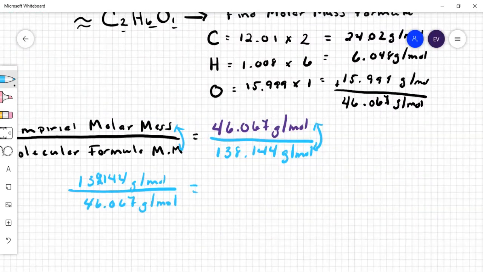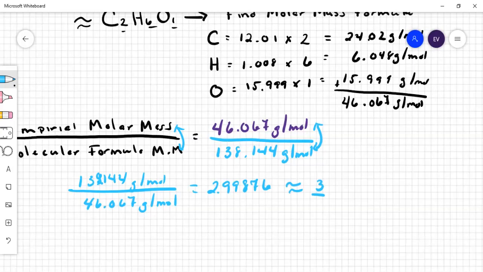Okay, so 138.144 divided by 46.067 is going to give you 2.99876, which rounds up to 3.